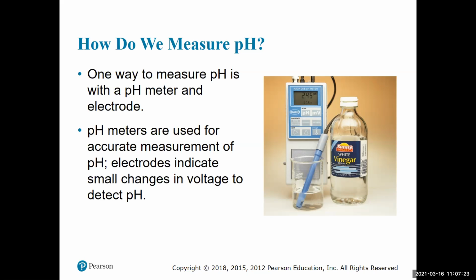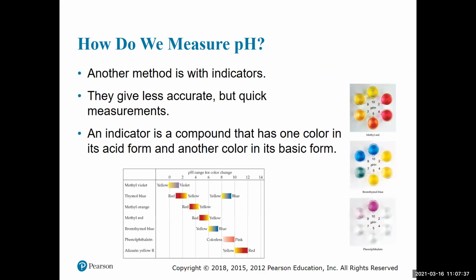So this is an electrochemical type measurement. We'll talk about electrochemistry a little later in the semester, but this is a really common electrochemical measurement that people do all the time in the lab to determine the pH. There are some other ways to determine pH.